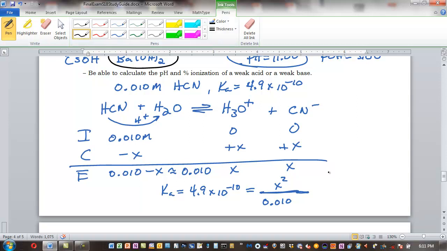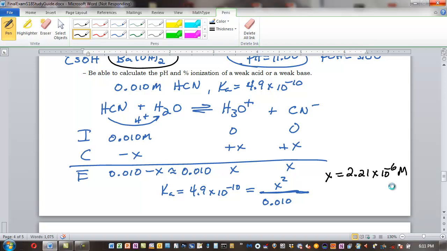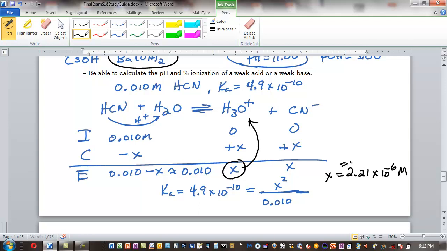And we should get an x value of 2.21 times 10 to the negative 6th molar. And that x equals what in our reaction? Hydronium. Since this is an acid, it produces hydronium. So that x that we solve for is our hydronium concentration. To get the pH, we just take the negative log of that.